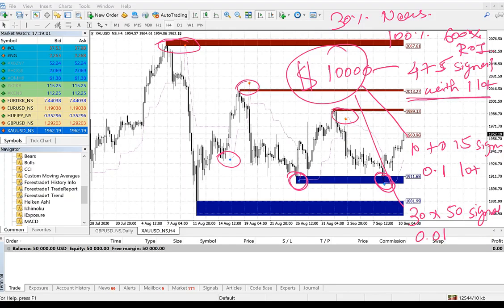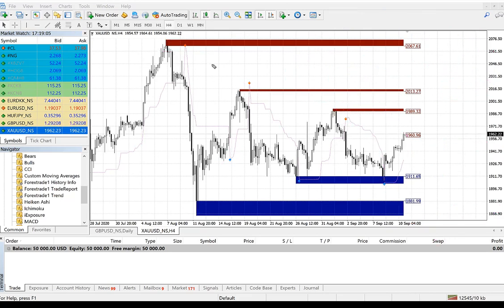ROI. Now how? So let us take the example of one lot, 10,000 US dollar capital, and we take one lot in 4 to 5 signals. So your risk, if you calculate 5 points of risk with our strategy, then one lot equals 100 USD profit or loss per point.